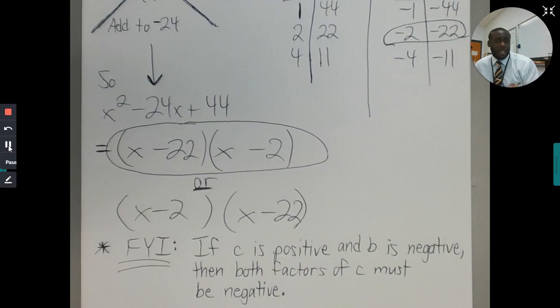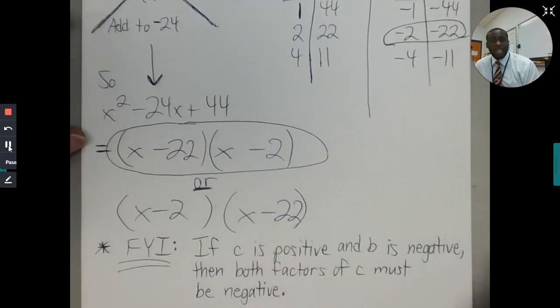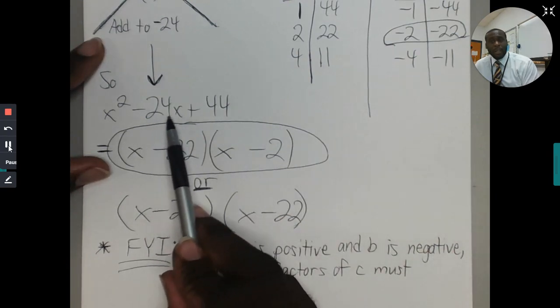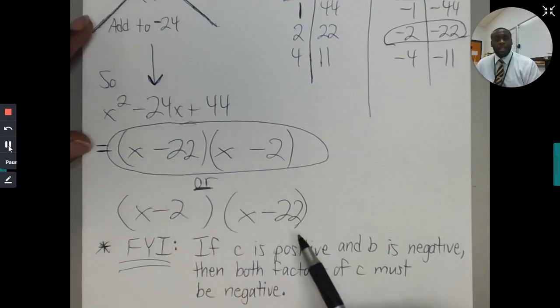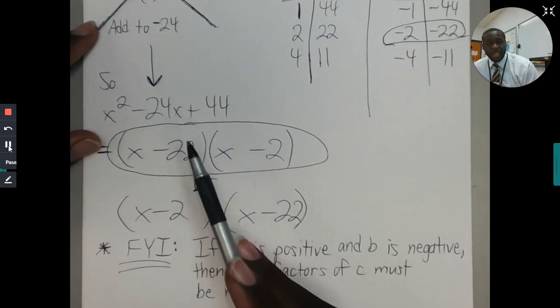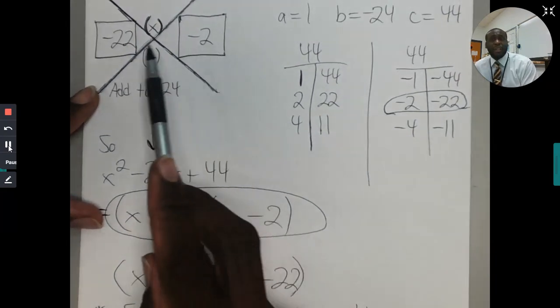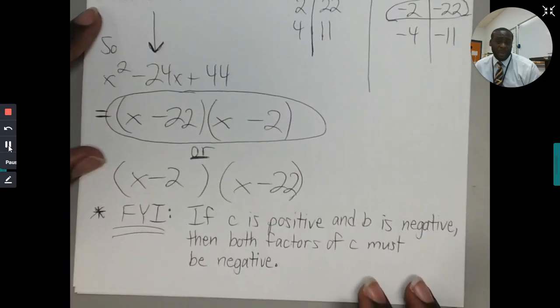So if C, again that constant term, is positive and B, that coefficient in front of the linear term, is negative, then when you find those two factors of C, they're both going to have to be negative.